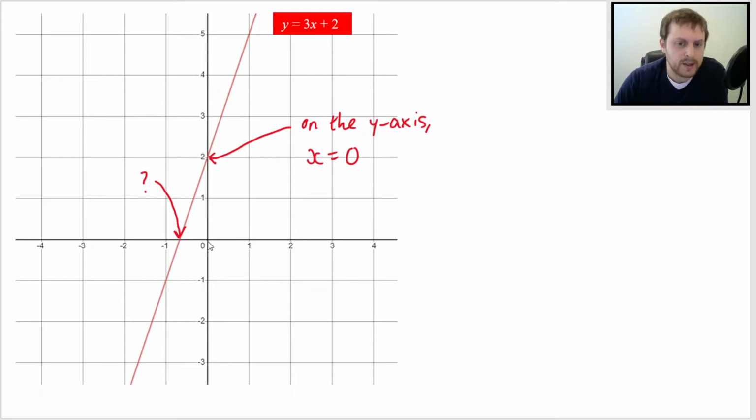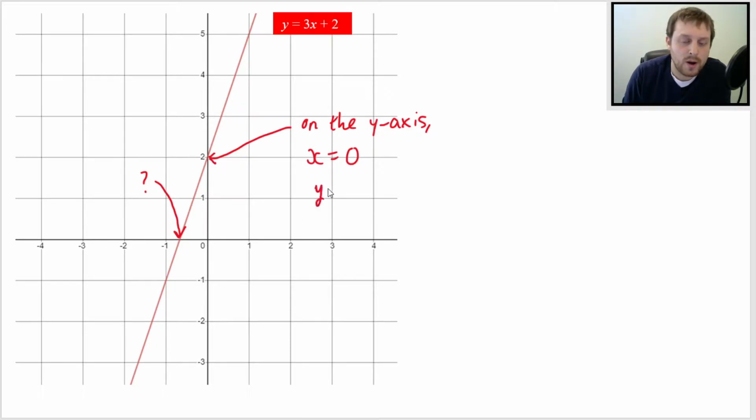So I'll say it again. 0, 0, 0, 1, 0, 2, 0, 3, 0, 4, 0, minus 1, 0, minus 1.5. They all have something in common. They all have the x number being 0, and that's our y-axis. And that's actually what we're going to use in this equation here to figure out where it crosses the y-axis.